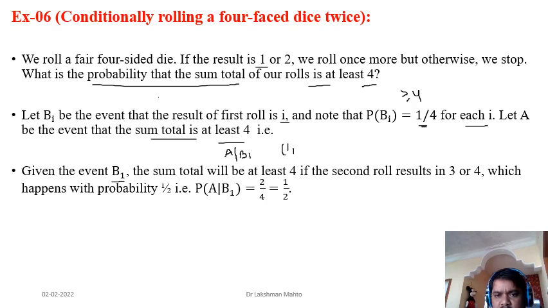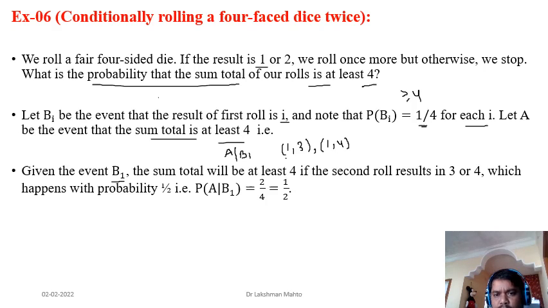So what are the possibilities? The possibilities would be (1,3), (1,4). (1,2) would not be a possible event.